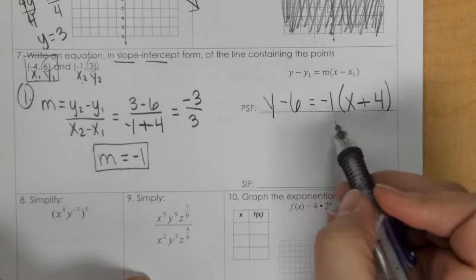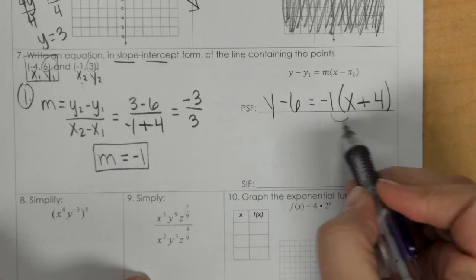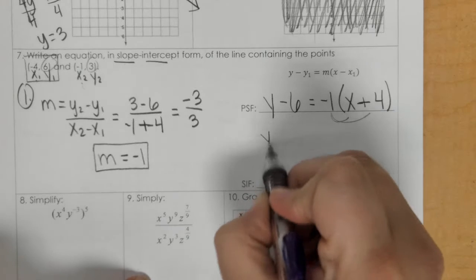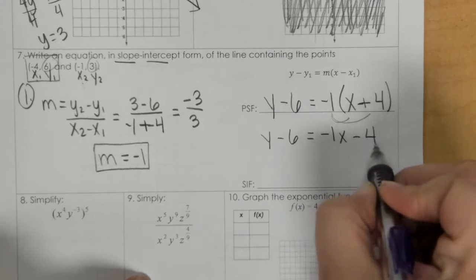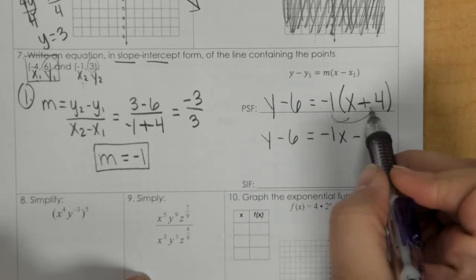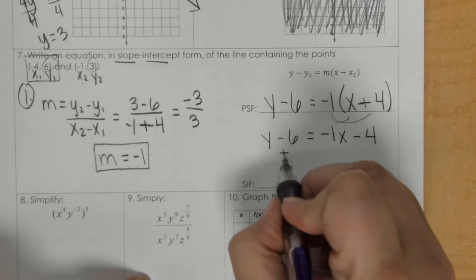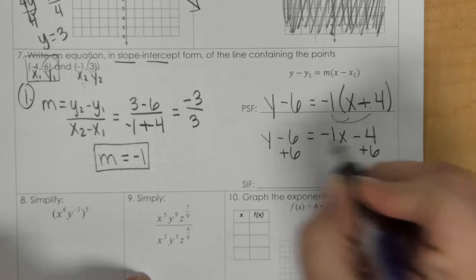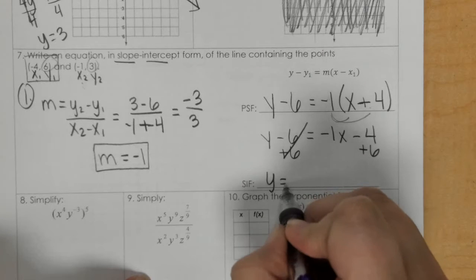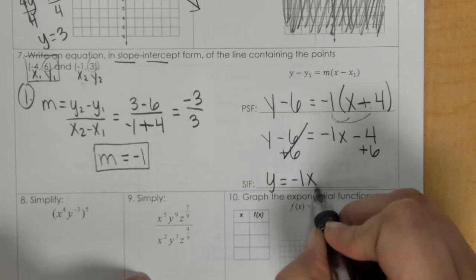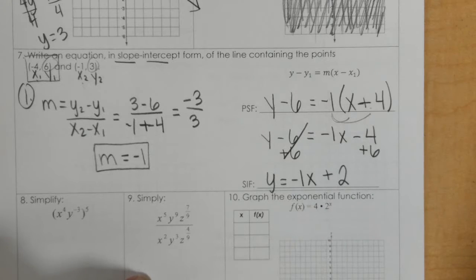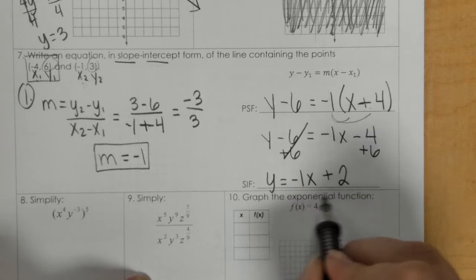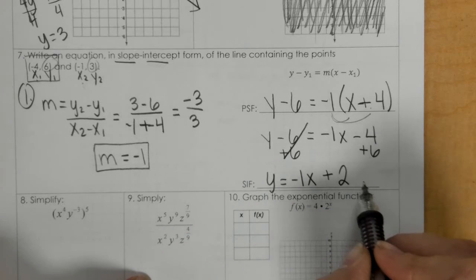Then I would go ahead and I distribute this -1 to transform this equation to slope-intercept form. So -1 times x and -1 times positive 4. Lastly, I add 6, and I have y equals -1x plus 2. So this is my final equation in slope-intercept form.